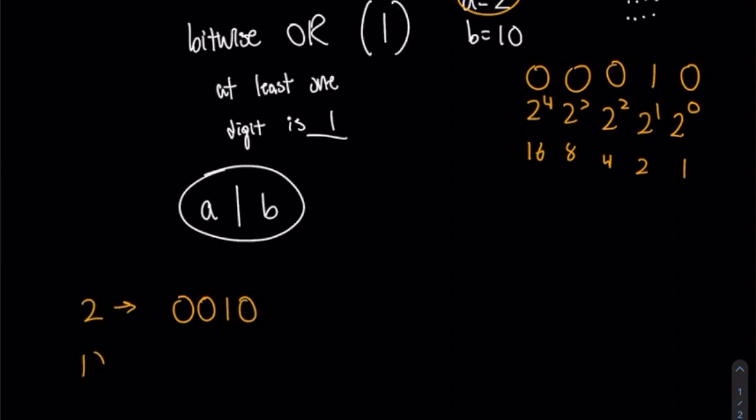Now for 10, we have to find the placeholder that is immediately less than 10. And in our case, it's 2 to the 3, which is 8. So we put a 1 here. 10 minus 8 is 2, so we need to put a 1 in a placeholder that fits 2, and it would be right here.